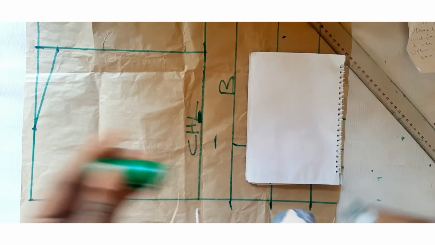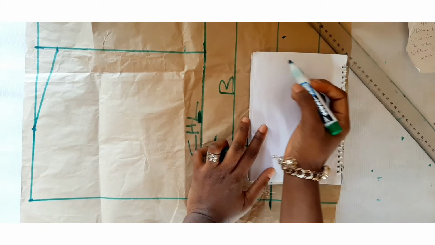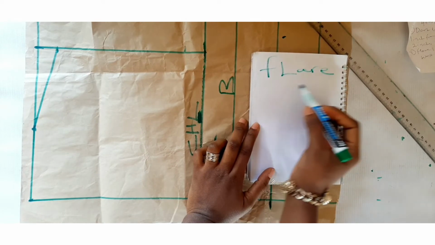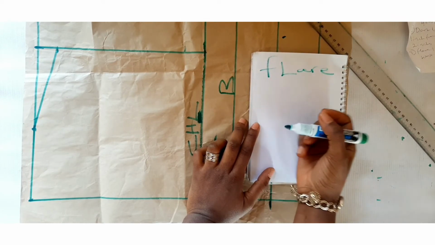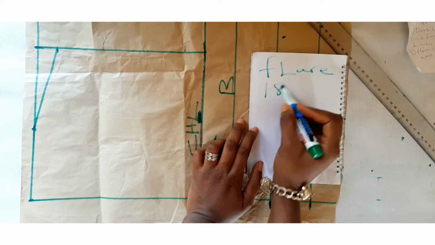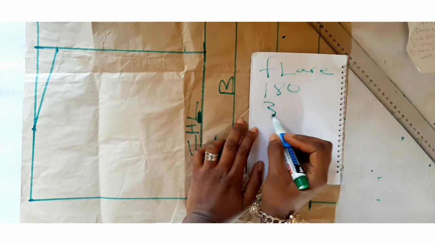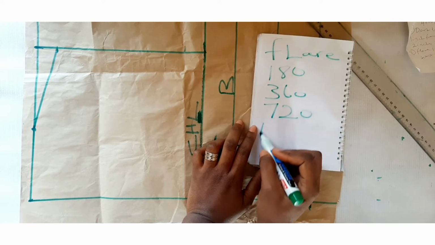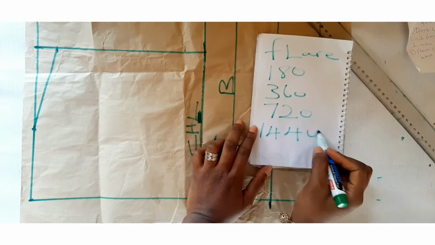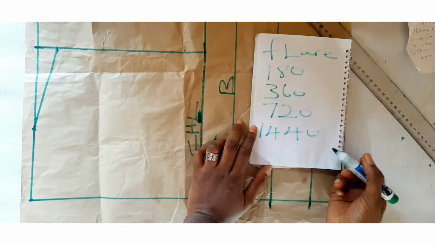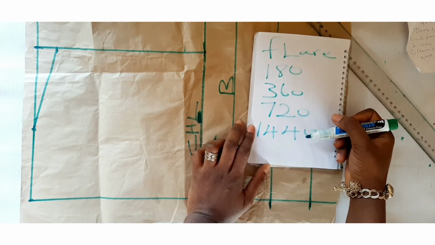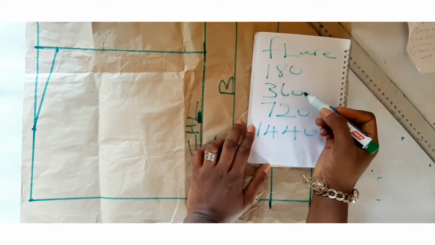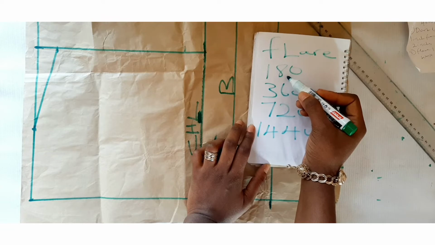And for your flare, how do you get your flare? How do you measure your flare? You have 180 flare, you have 360 flare, you have 720 flare, you have 1440 flare. When you look at these numbers, you'll find out that this 360 is times 2 of this.